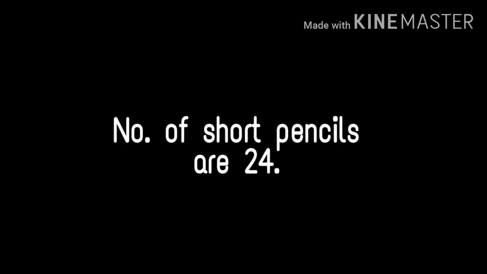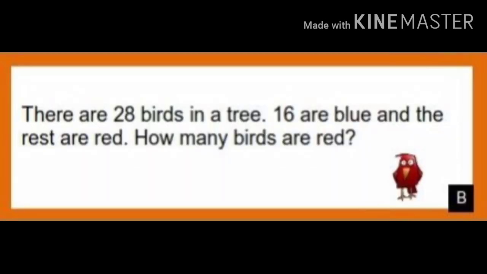Now let's come to the second question. Read it very carefully. There are 28 birds in a tree. 16 are blue and the rest are red. How many birds are red? We know the total number of birds in a tree and we know how many blue birds there are.